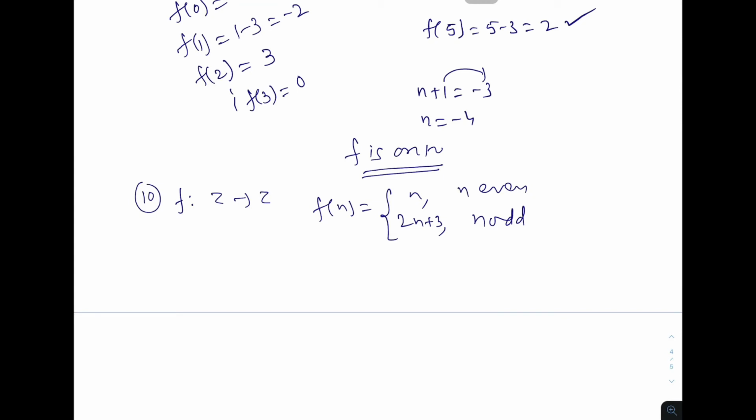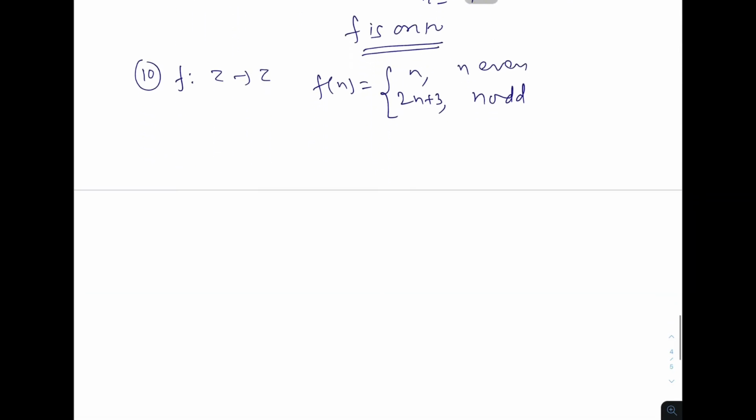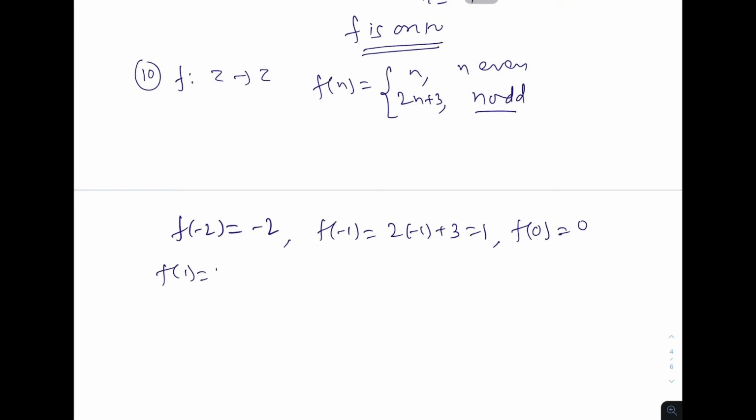Here also we can see f of minus 2: n is even, so it is minus 2. When n is even, the value is n itself, and when n is odd, say f of minus 1, 2 into minus 1 plus 3 is 1. f of 0 is 0, but f of 1 is 2 into 1 plus 3, so 5, and so on.